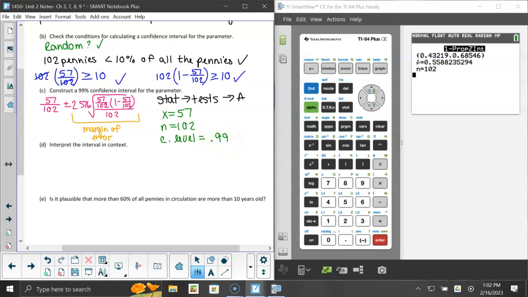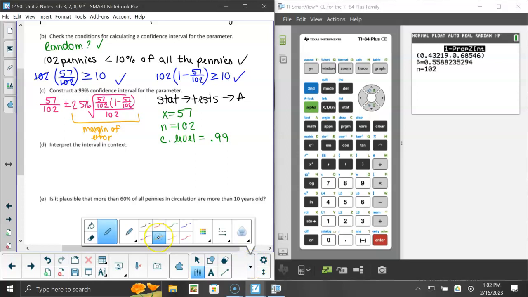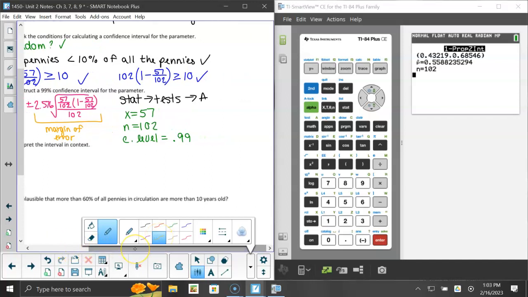All right, now, when you're looking at this, they give you the p hat value, which is 57 divided by 102, but we knew that. Here's your confidence interval up at the top. So it's the 0.43, so 43%. So if I'm going to write my little confidence level, hang on, I got to scroll a little bit.